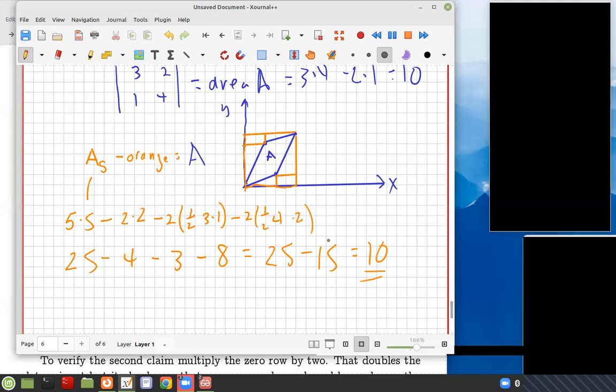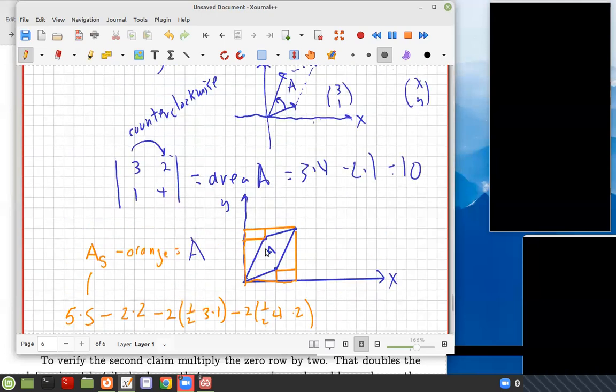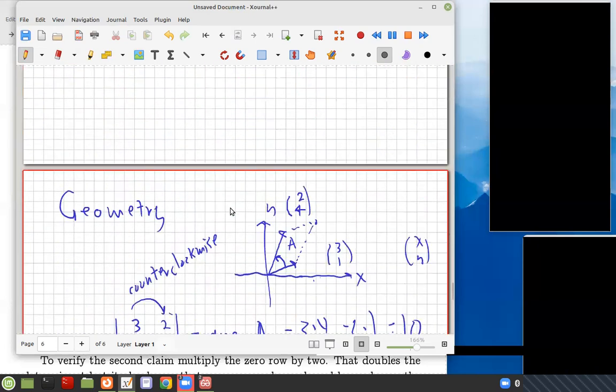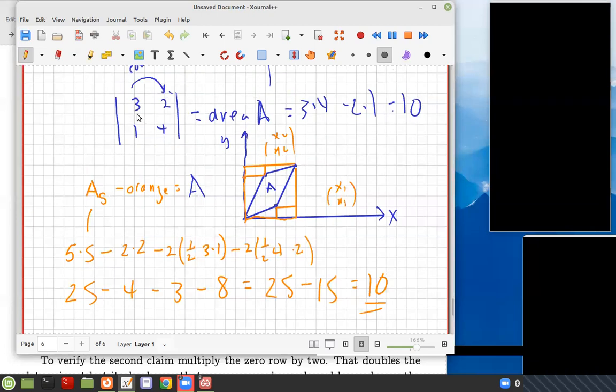So now, interestingly, if I put in these coordinates as x1, y1, and this one is x2, y2, and I did this same calculation out, there'd be lots of cancellations too, and I'd be left with x1 times y2 minus x2 times y1.